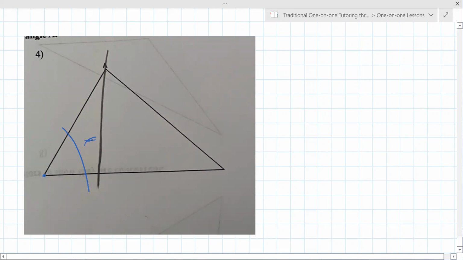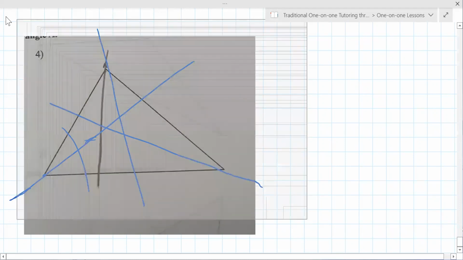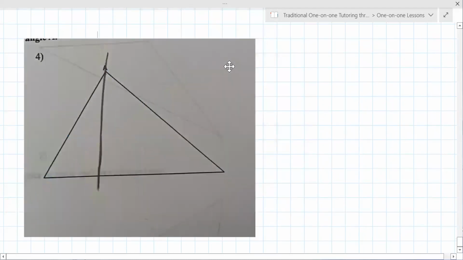And if you were just trying to shortcut this, you're just trying to bisect the angles, something like that. Although they do all go through the same point. So this is not a good enough drawing. So let's not do that. Let me see if I can freehand it a little better. So let's see here, something like that.